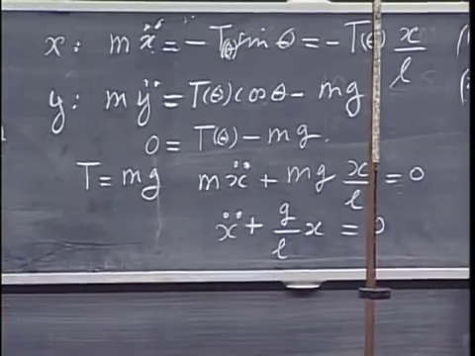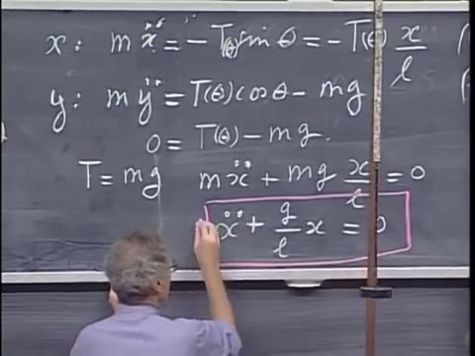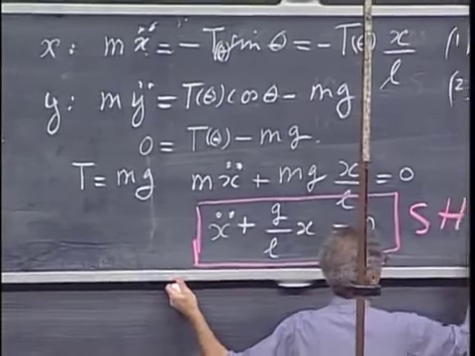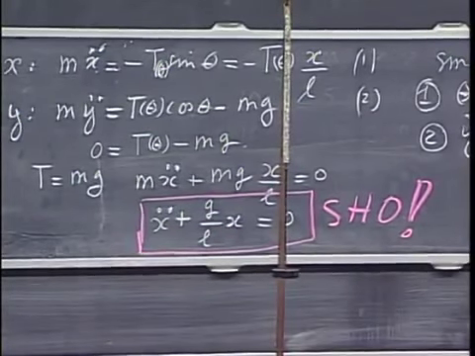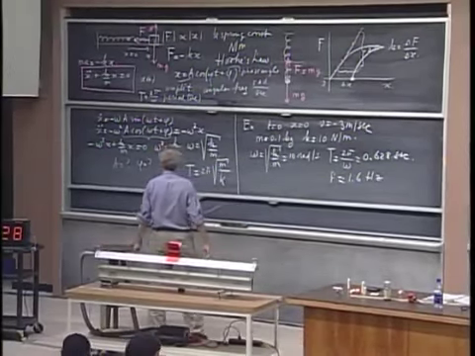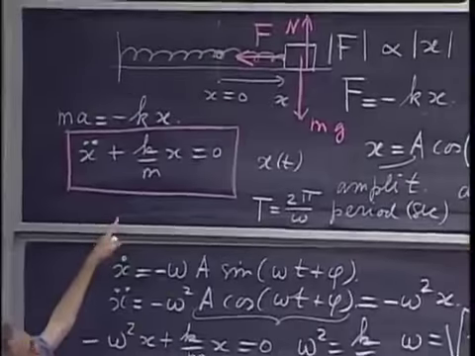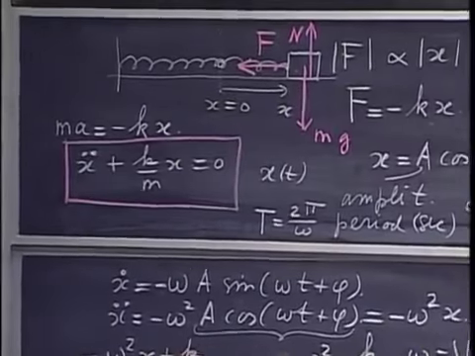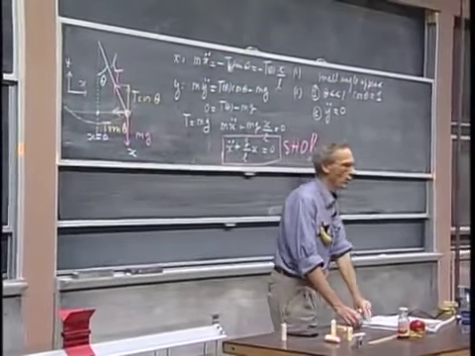And this is such a beautiful result that it almost makes me cry. This is a simple harmonic oscillation. This equation looks like a carbon copy of the one that we have there. Here we have k over m, and there we have g over L. That's all. Other than that, there is no difference.